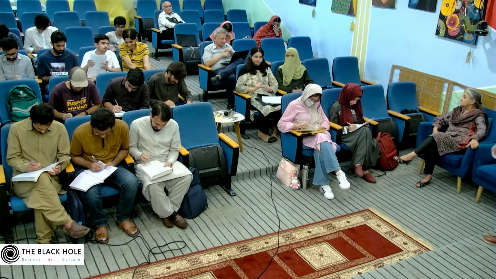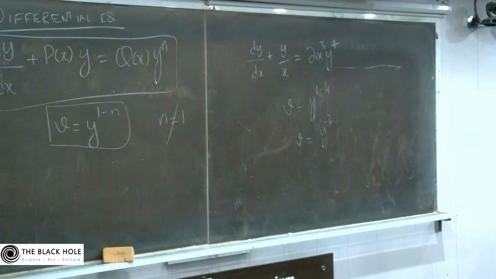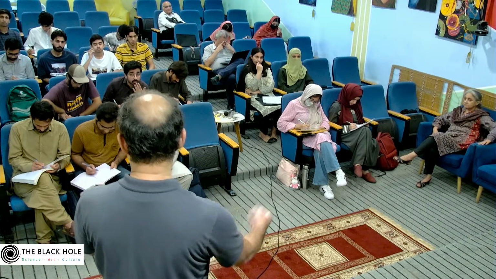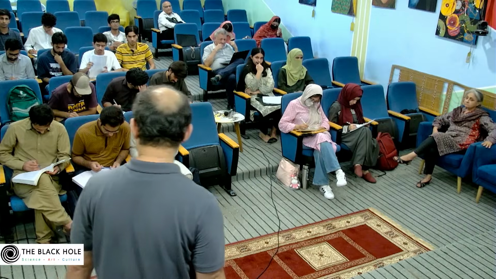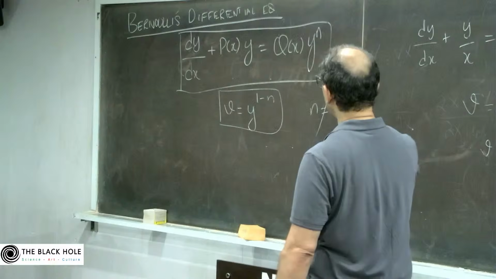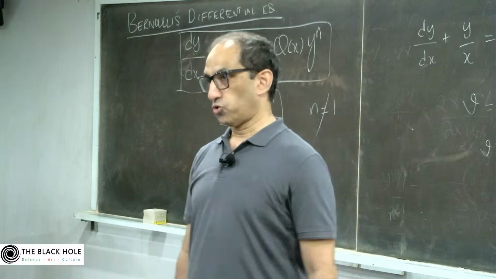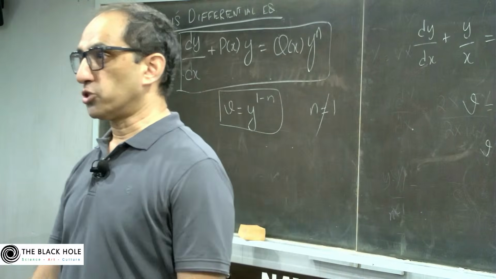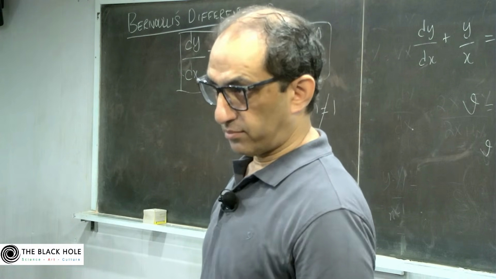Done? Very good. So when you are done, what did you get? Eventually, did you get a linear equation or a separable equation? Linear equation. Okay, good. So you know how to solve it. You can use the integrating factor and solve it. So once more in the substitution method, you learn the power of a transformation, a substitution, which reduces a nonlinear problem into a linear problem.